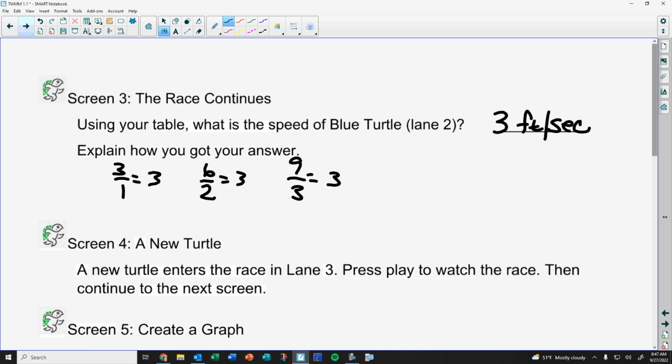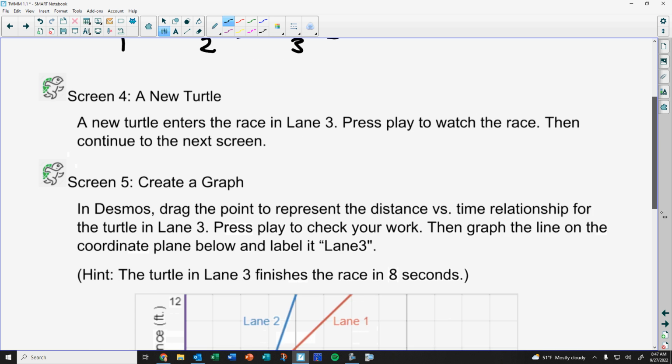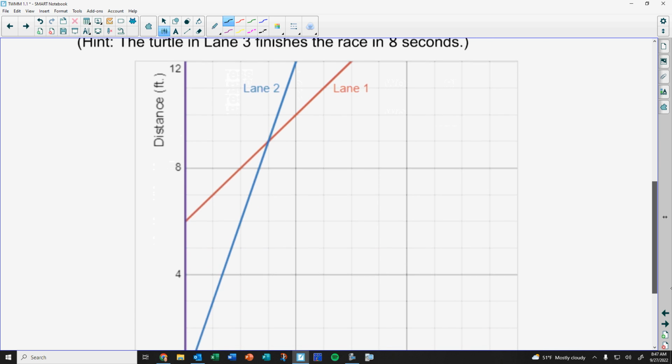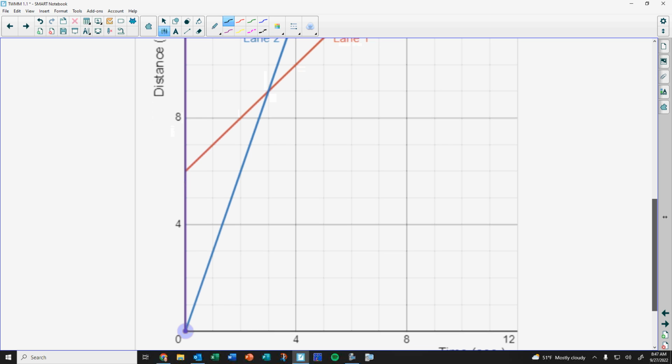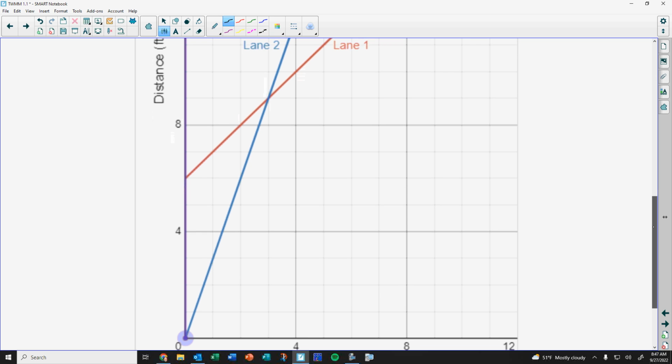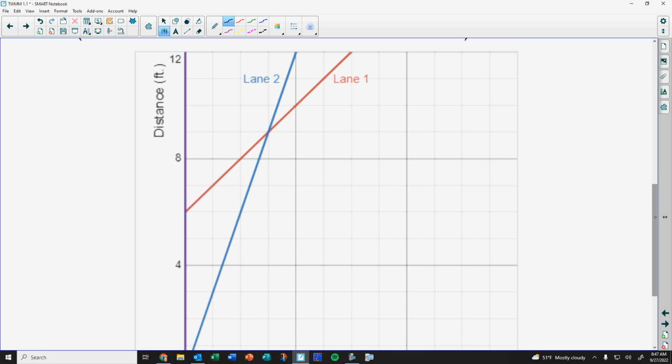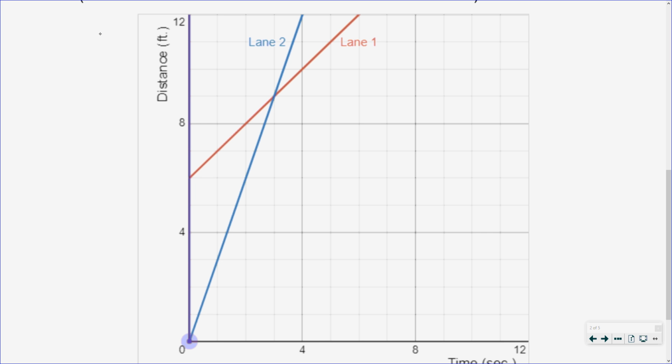All right, now a new turtle enters the race. If you notice, that turtle finished in 8 seconds. Let me make the screen bigger if I can. Yeah, I can see the whole thing. So 8 seconds is right up here. That's when he finishes, right?